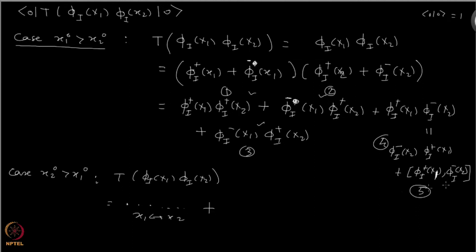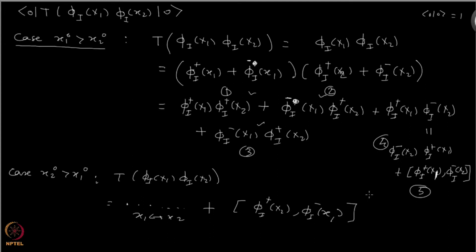Plus this commutator, and the commutator will be this time x2 minus x1. I have to interchange 2 and 1.